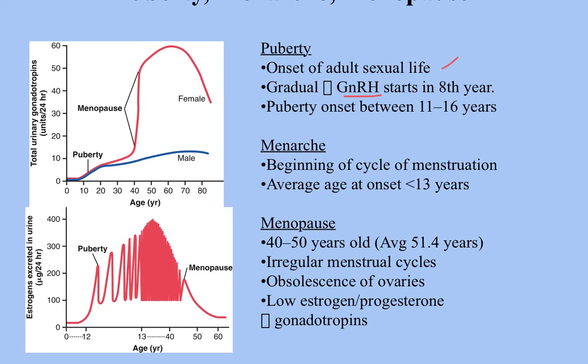Things like that. But typically, even though it starts in the 8th year, puberty onset is about 11 to 16 years. So, like I said, it takes a long time for this process to occur, and it takes a long time for those cellular changes to take place. Puberty is marked by the onset of your first menstrual cycle, and that is called menarche.